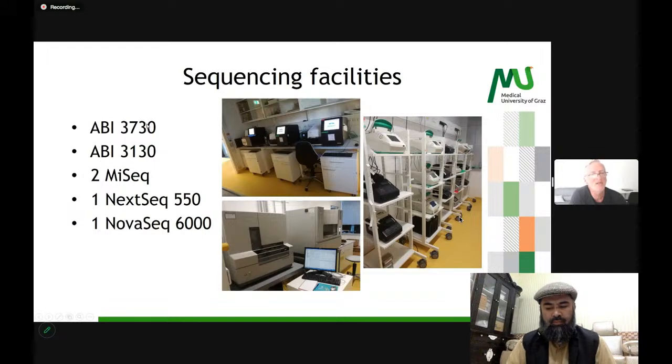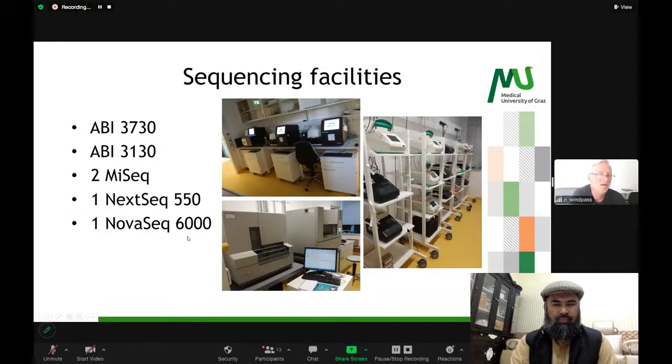On the left side, you see the Life Technologies machines, which you might all be very familiar with. This is a 16 capillary sequencing machine, and this is a 48 capillary system, I think. And these are one of our next generation sequencing machines, which allows us to perform mainly whole exome sequencing.